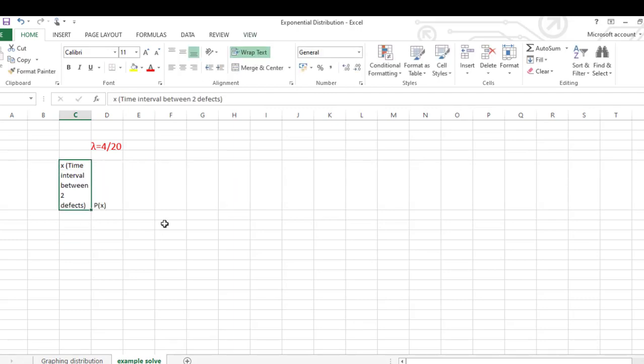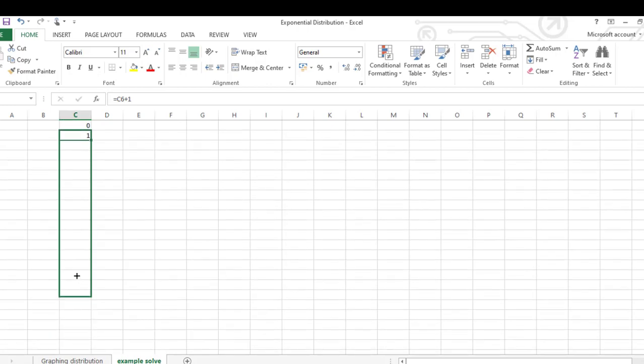Okay, and what is the probability, that is px, and px would be the corresponding probability for the time interval. Okay, so now let us provide the probable range of x from 0 to, you can say, 10. So I am just providing the range, or we can say 20.